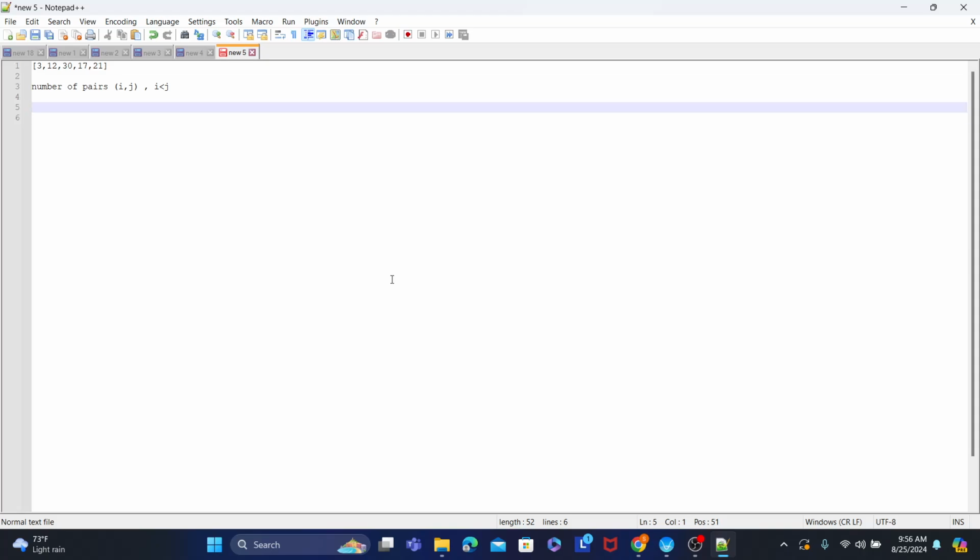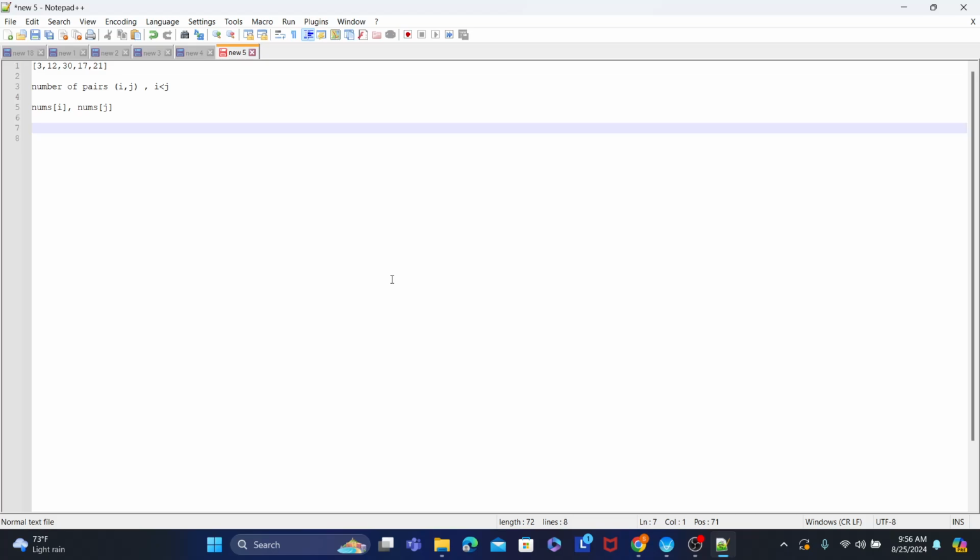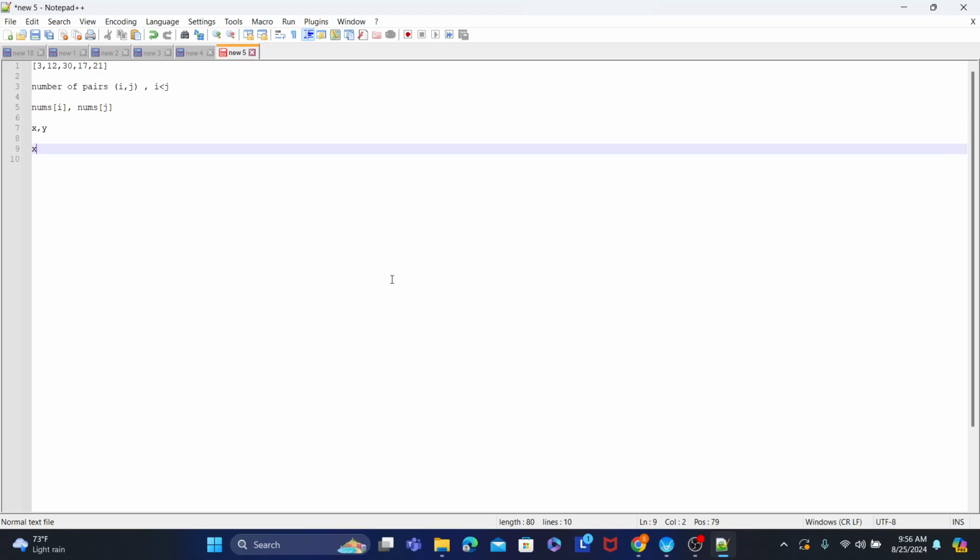Let's say the numbers are nums of i and nums of j. Each number will have some digits. Let's represent these numbers as x and y, nums i and nums j. Now let's say x is equal to 3 and y is equal to 12.